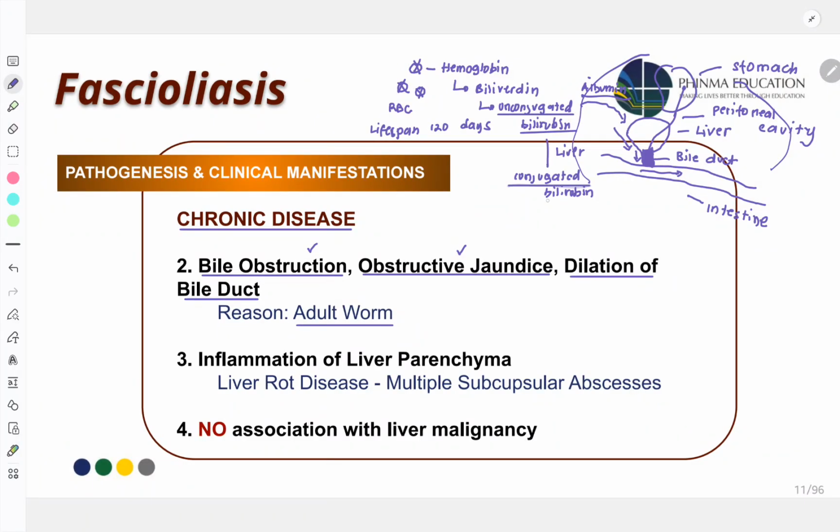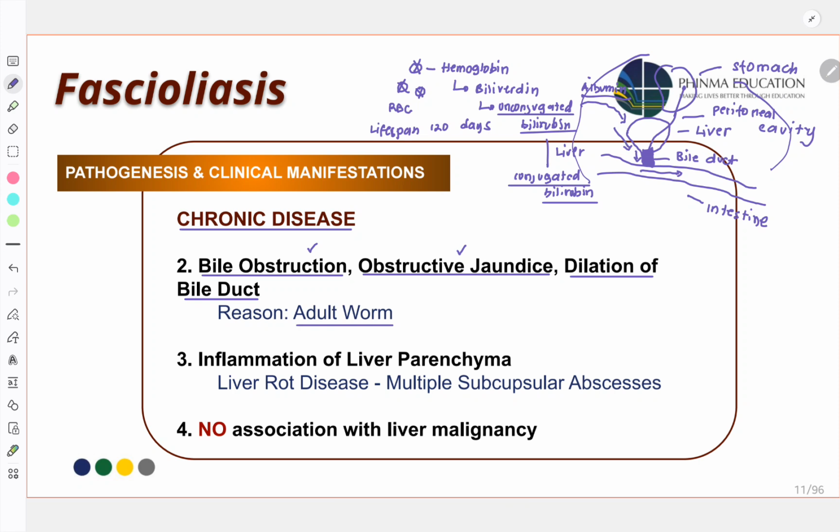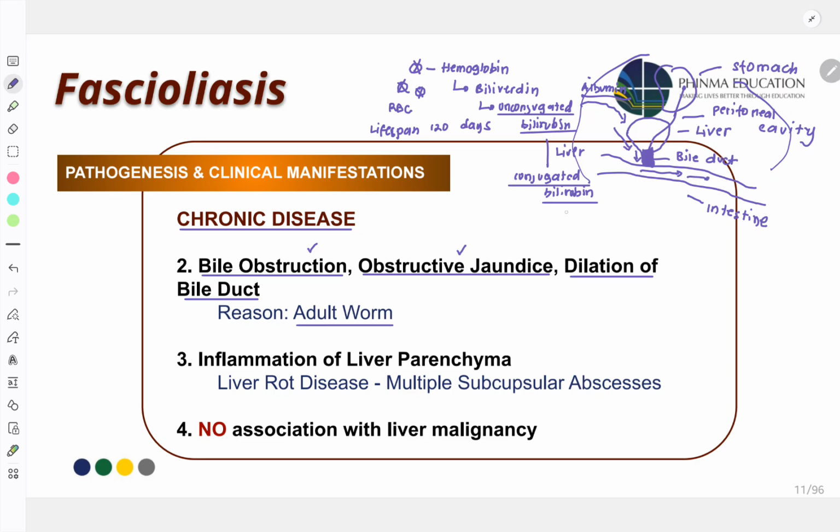The conjugated bilirubin is supposedly released into your bile. From your liver, the conjugated bilirubin is released through your bile to the intestine, where it is converted to urobilinogen, and then finally stercobilin. This gives the yellow color to your stool, which is why the stool is yellowish.